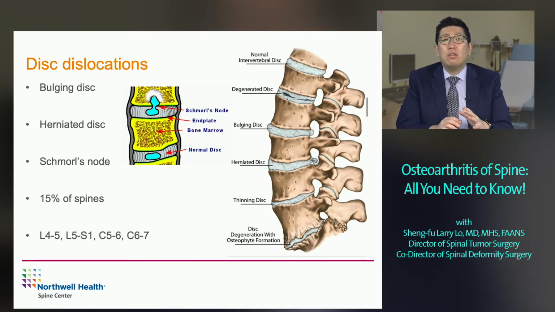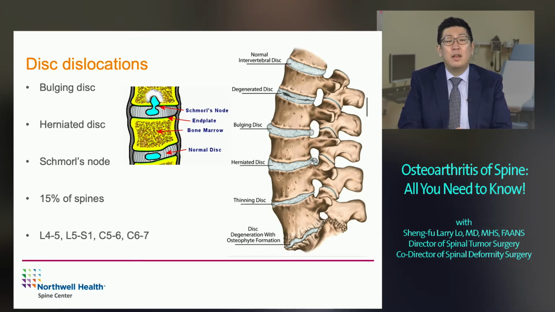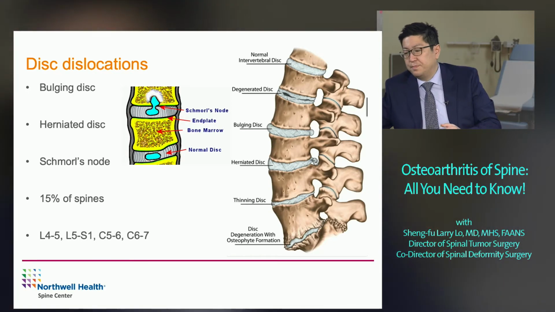If you look at healthy population studies, 15% of all spines have some evidence of a disc dislocation. The locations where it tends to occur are what you'd expect: the base of the lumbar spine at L4-5 and L5-S1, and the base of the neck at C5-6 and C6-7, which bear the most weight.